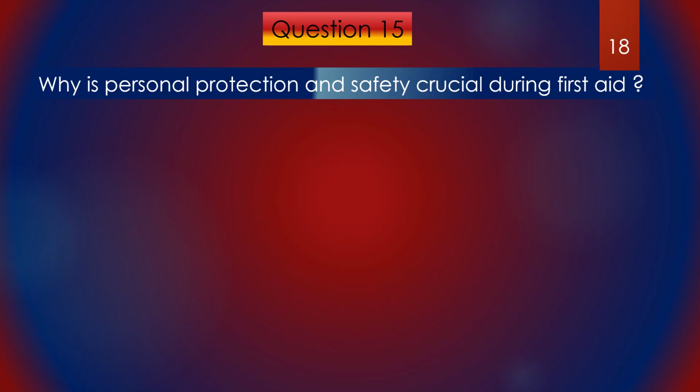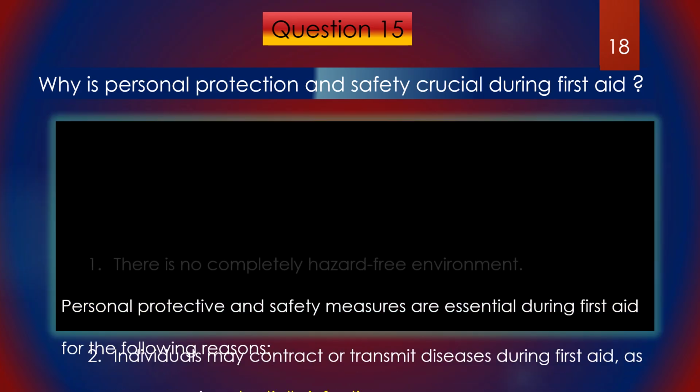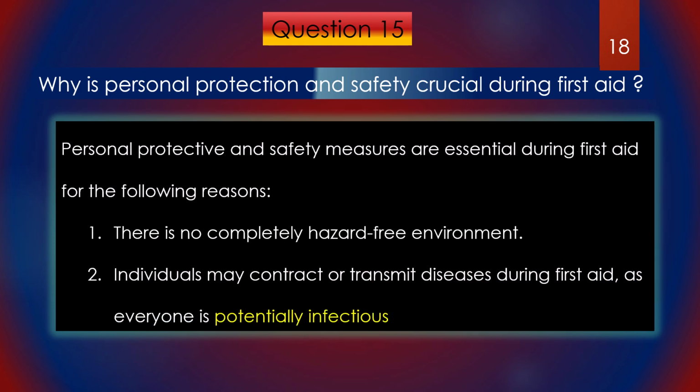Why is personal protection and safety crucial during first aid? An important question: why should I take my personal protection and my safety seriously? Personal protective and safety measures are essential during first aid for the following reasons.